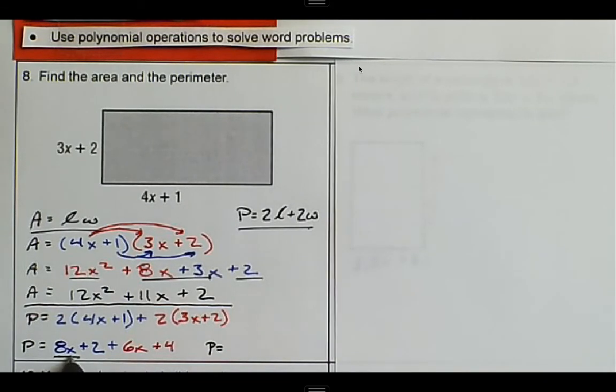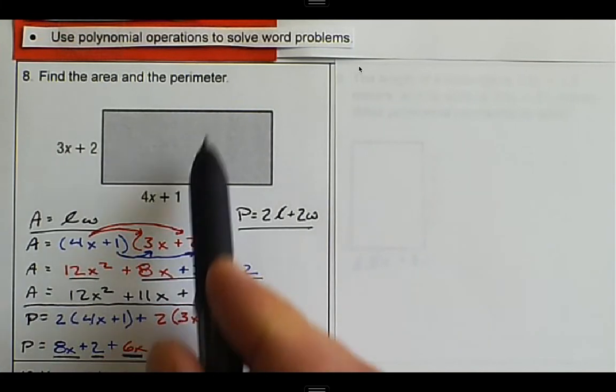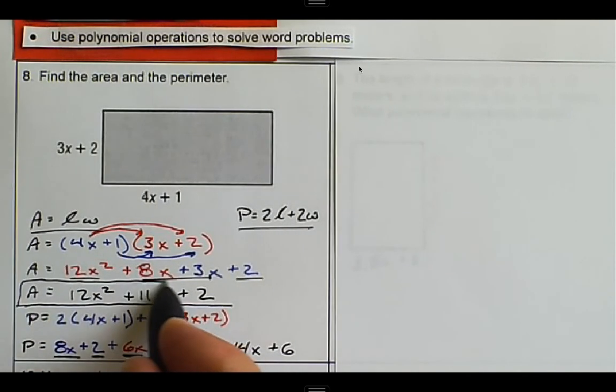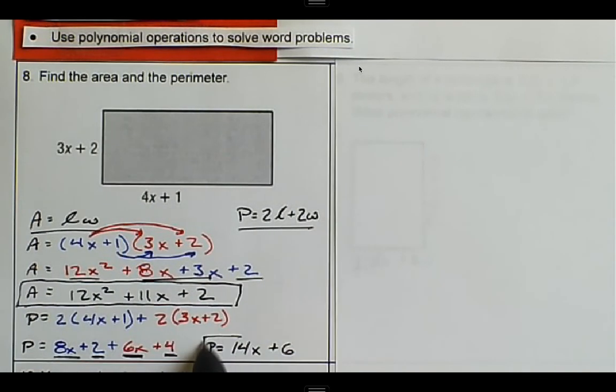So we have an 8x and a 6x. So that becomes 14x. And then we have a 2 and a 4. So that becomes 6. And so this is the polynomial that represents the perimeter of this rectangle. And this is the polynomial that represents the area of that polynomial.